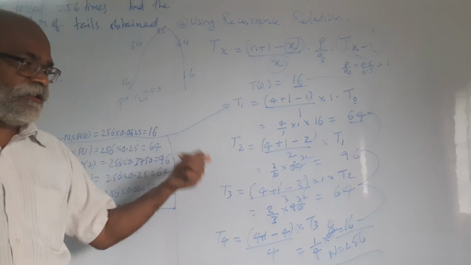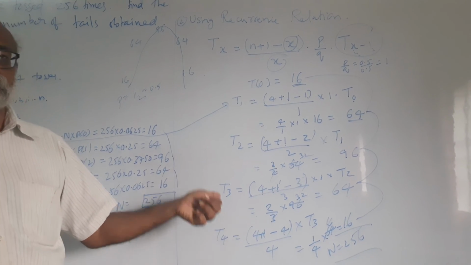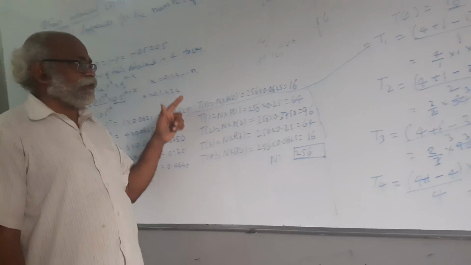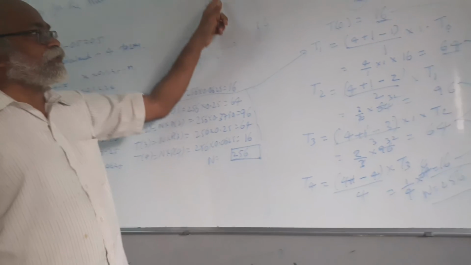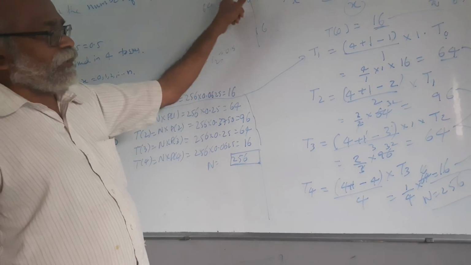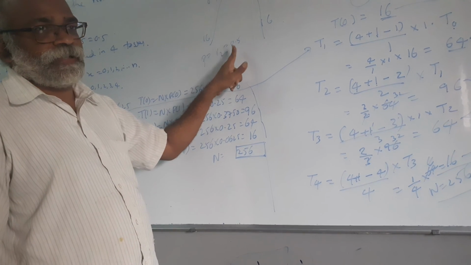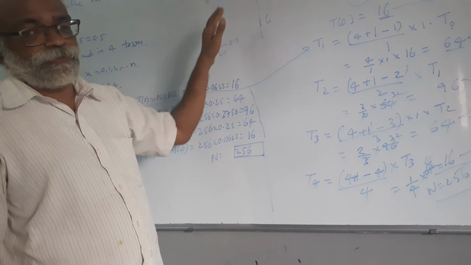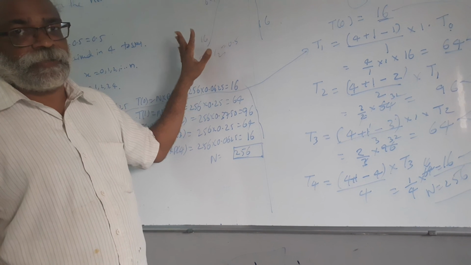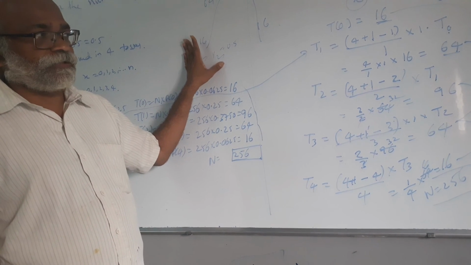When the coin is unbiased, if you plot the number of tosses, you will get a symmetrical shape. That means when p is equal to 0.5, the binomial distribution is symmetrical. That's one of the properties of a binomial distribution.